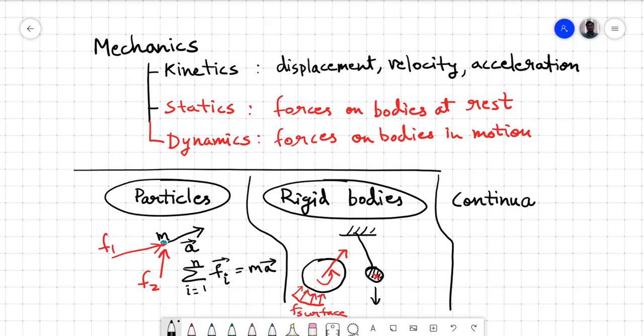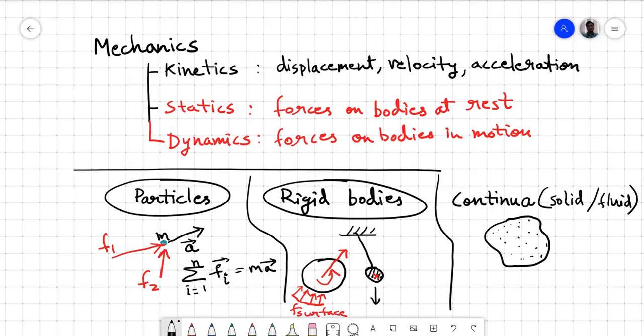Now what is a continua? It can be either solid or fluid. What do we mean by this continua? Instead of treating a body as composed of several molecules, we assume it to be continuous.